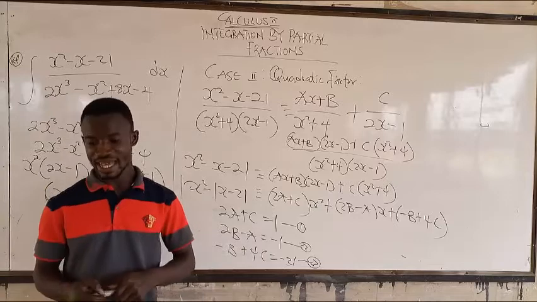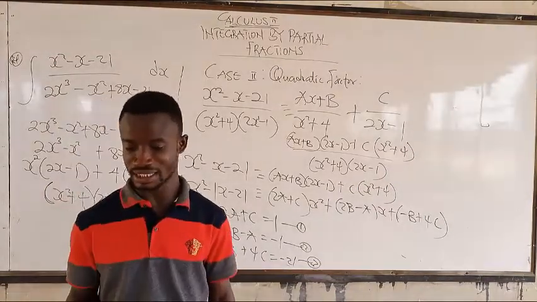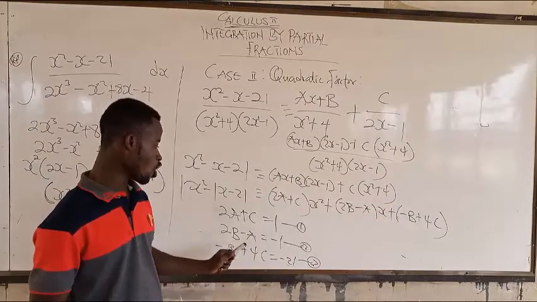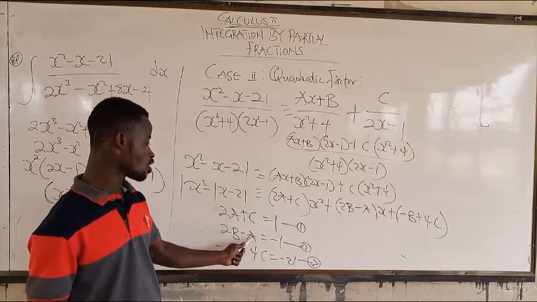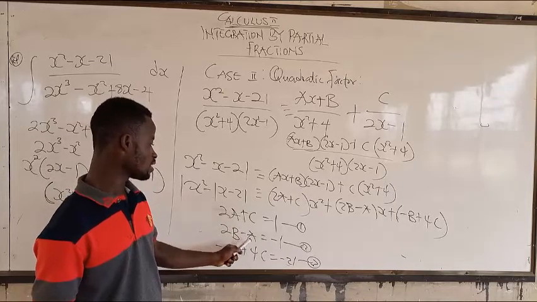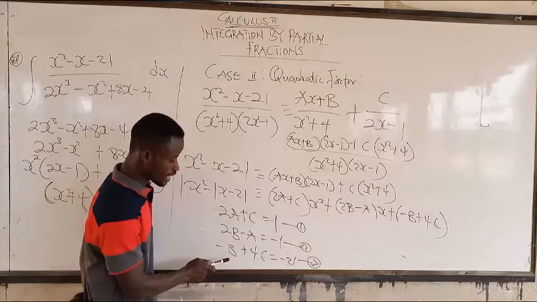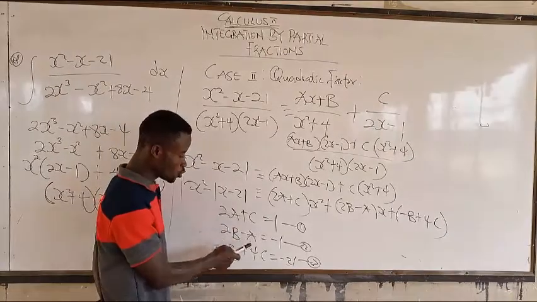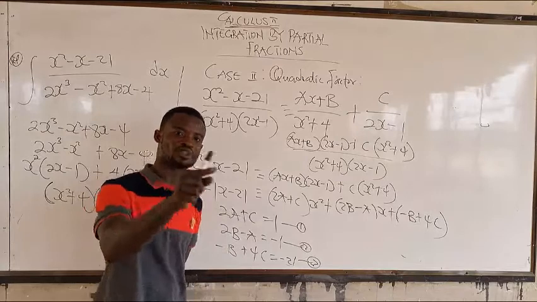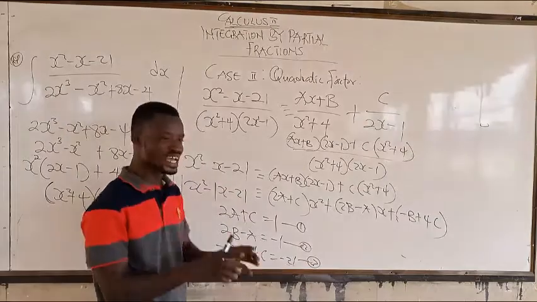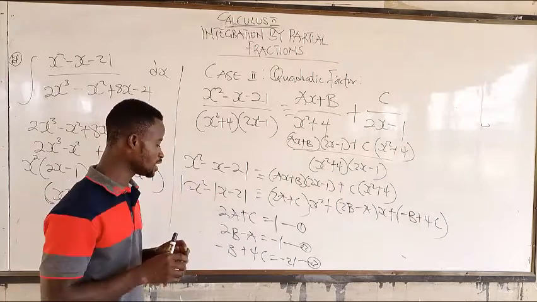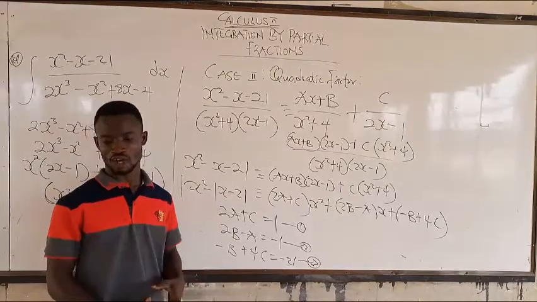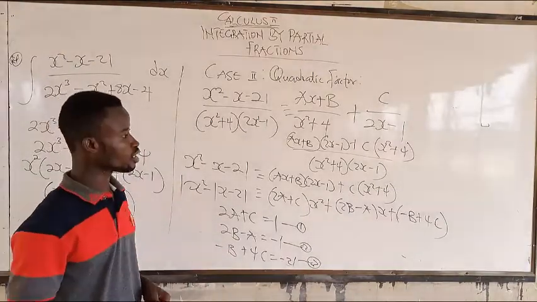You can make A the subject in equation 1, or make A the subject in equation 2, and then do the substitution. You see, the equation 3 is in the form of B and C. So in equation 1 and 2, you have to get rid of the A so that you get a new equation which is also in the form of B and C, to combine with equation 3 and solve it simultaneously. Alright, that is what I mean.